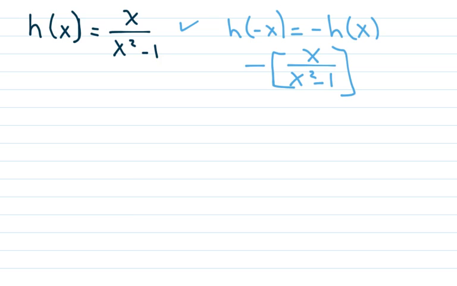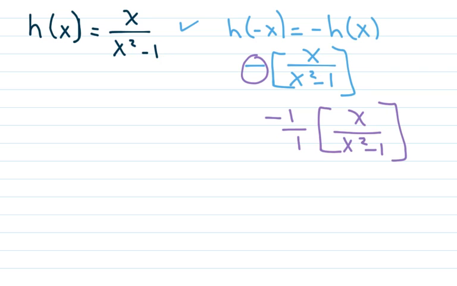Now, this is like saying negative 1 over 1, right? This negative here. So this means it's either going to be negative x over x squared minus 1, or I could make this positive and this negative, because this equals negative 1 as well.